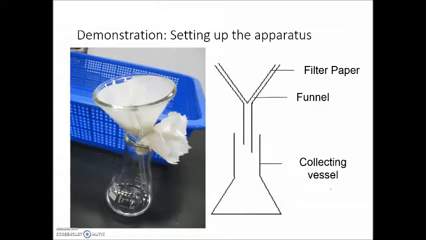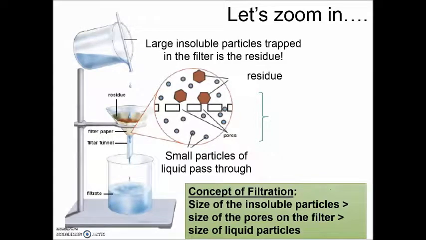So a recap of the experimental setup, you should be relatively familiar with it. The filter paper folded into the filter funnel and placed in a conical flask. So filtration works because the filter paper has tiny holes or pores that we can't see.